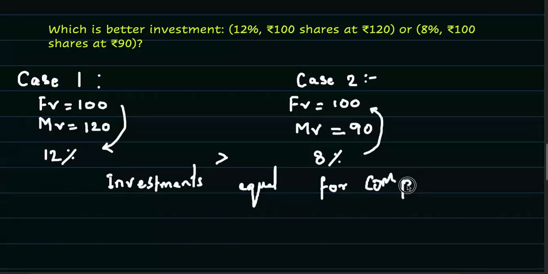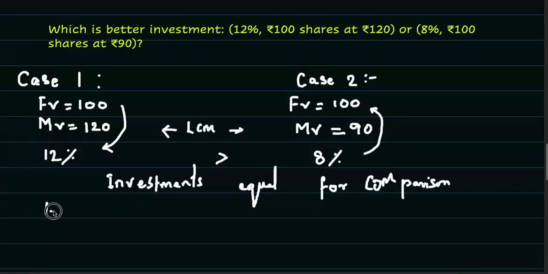Okay, so what we can do here, let the investment be such that I can get whole shares of 120 and 90. For example, 10,800. I am taking a value which is the LCM of these two, which is 360, so I am taking a value of 10,800.